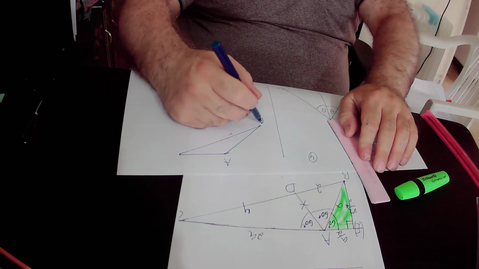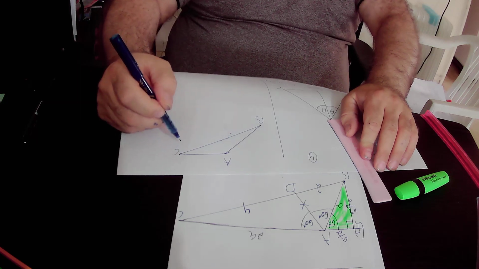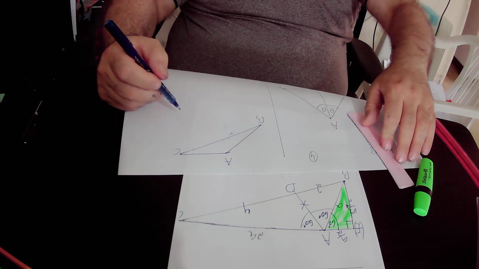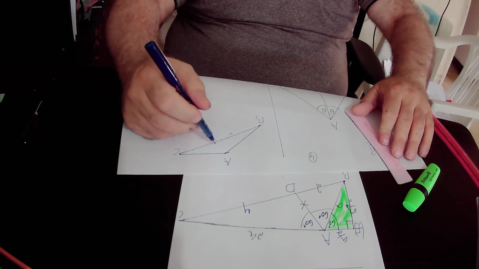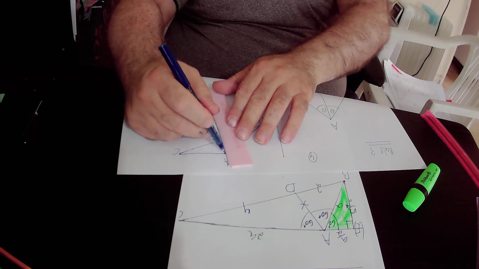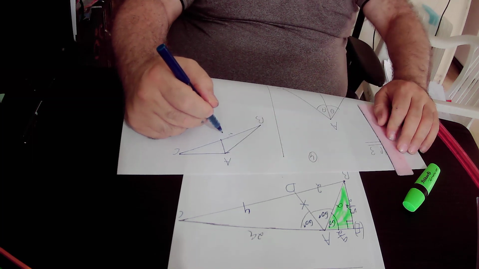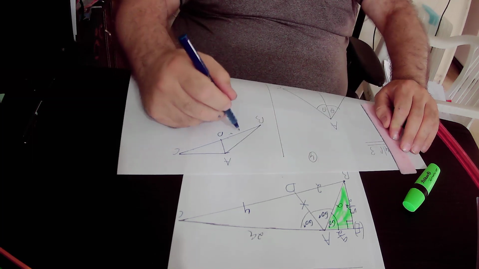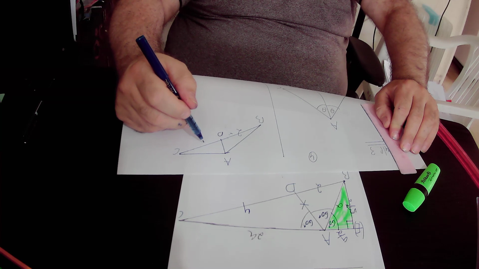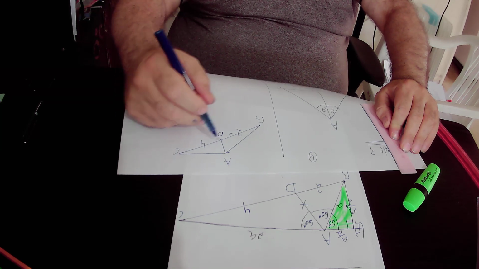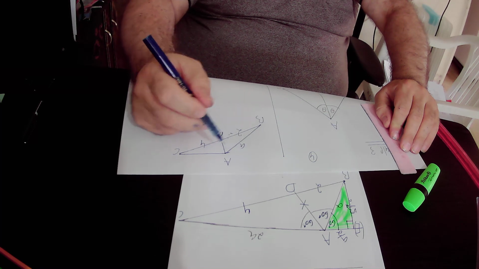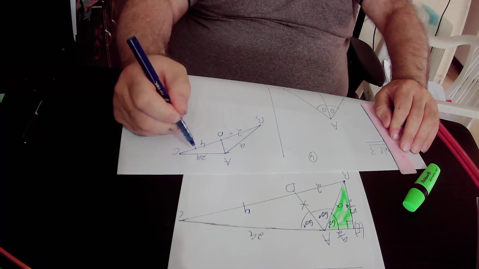This is triangle ABC. We have the angle bisector AD. BD equals 2 units, DC equals 4 units, AB equals A, and AC equals 2A.